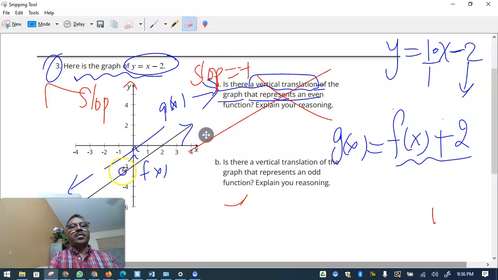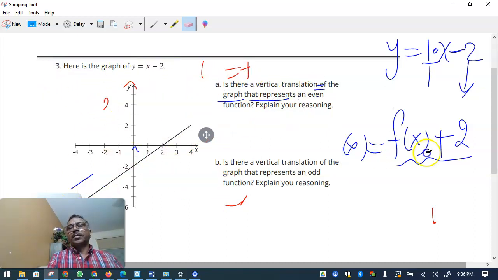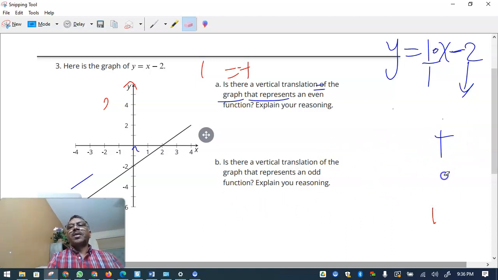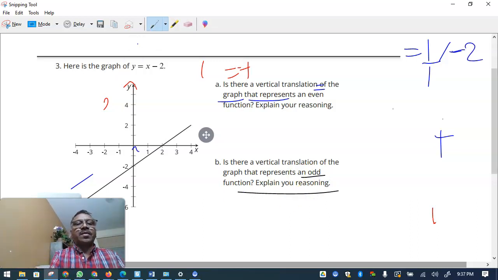If that's not possible, what about the second question? In the second question, they are asking whether there is a vertical translation that makes it an odd function. So the same thing, this time I'm going to take it 2 places up. So let me draw. So this is the line.